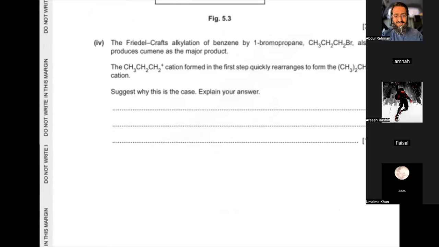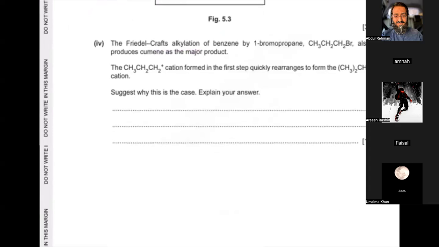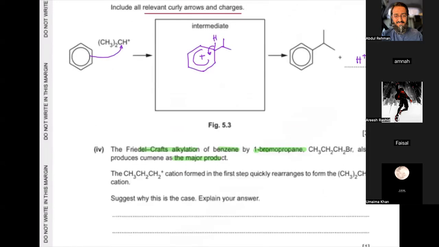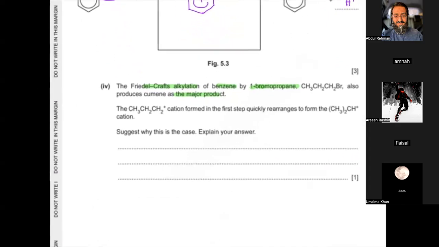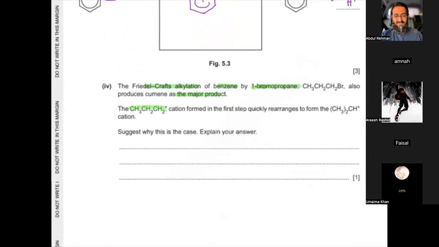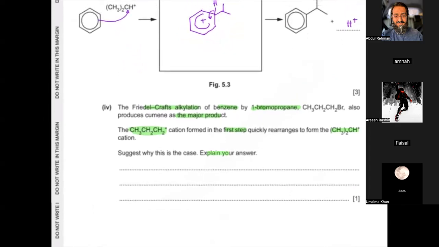Okay. The Friedel-Crafts alkylation of benzene by 1-bromopropane also produces cumene as a major product. The primary carbocation formed in the first step quickly rearranges into this cation. Explain your answer.